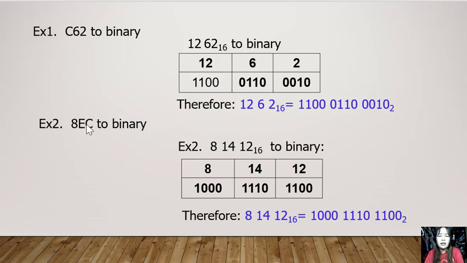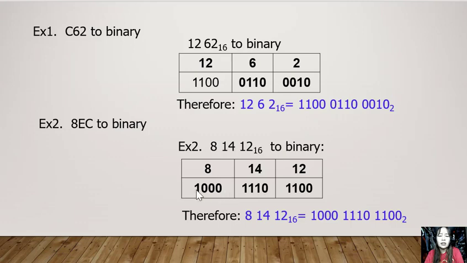If it is 8EC, you need to convert that into its actual number equivalent. So 8 is as is, E is equivalent to 14, C is equivalent to 12. So convert this one individually. 8 is going to be 1, 0, 0, 0.